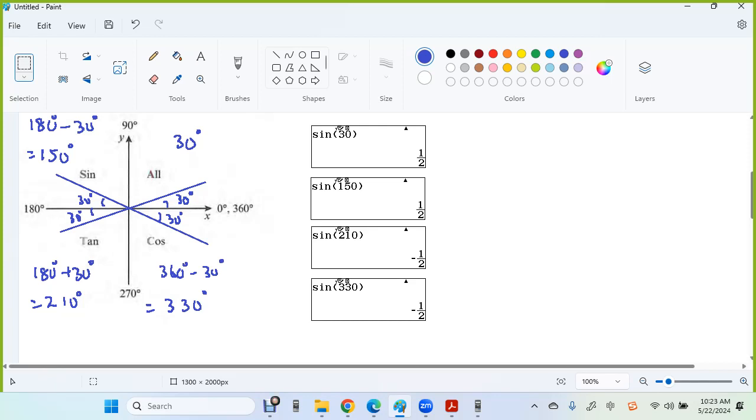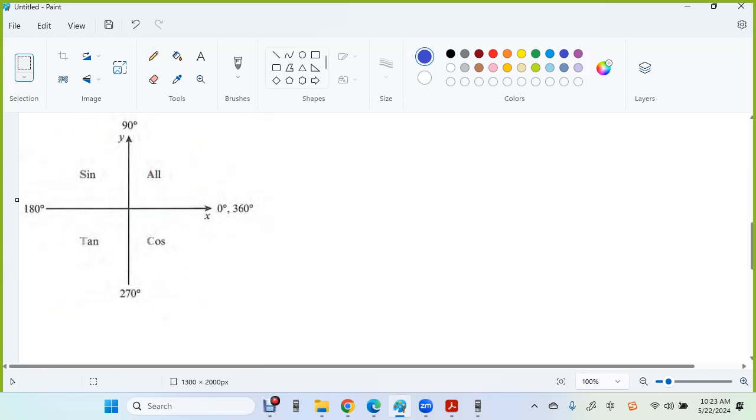Then we have the tangent. So for tangent, I use 45 degree. So we have 45, 45, 45, and 45 here. So the first quadrant is 45 degree.